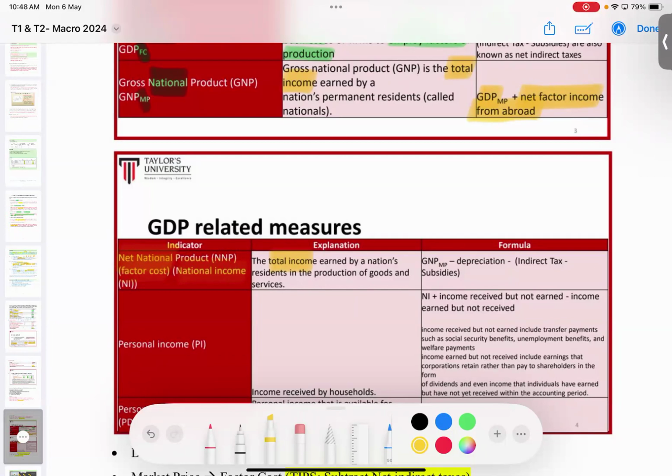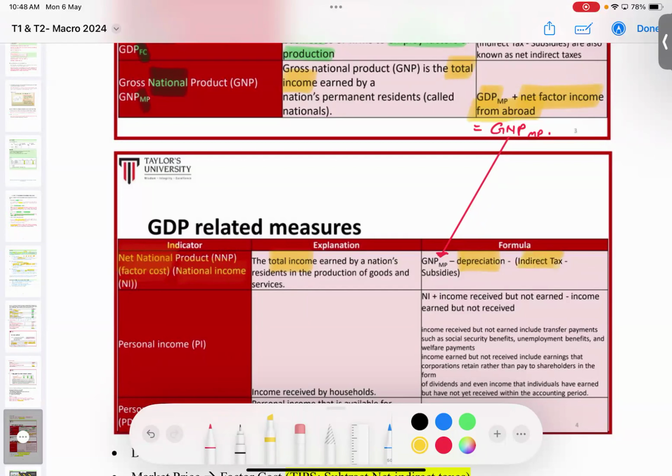So you use the GNP just now. Once we calculate here, we get GNP at market price. So you use this one, minus depreciation. So you use these figures, minus depreciation and minus net indirect tax.